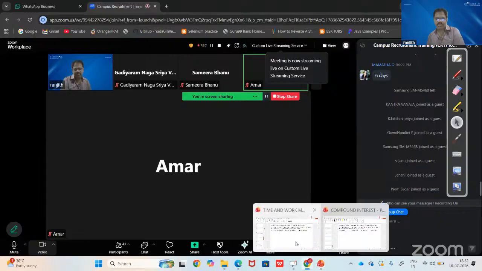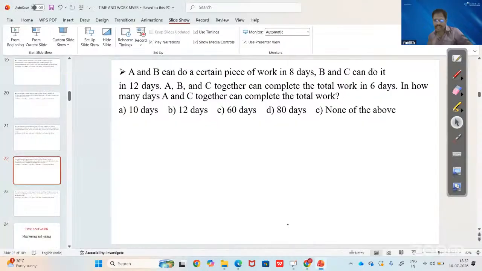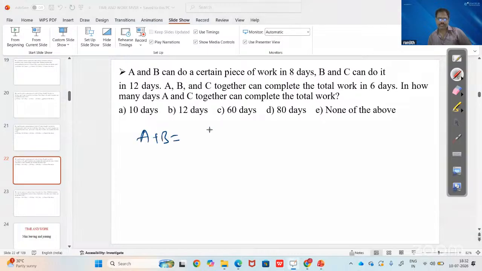Okay, let's see. A and B together can complete the work in 8 days. B and C can complete the work in 12 days.